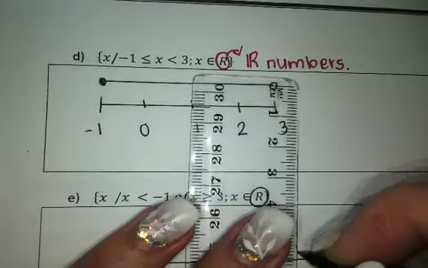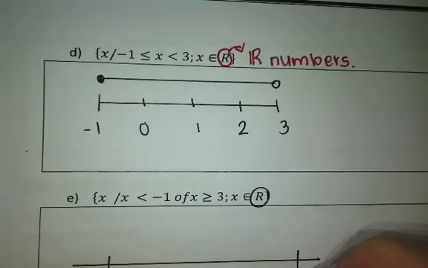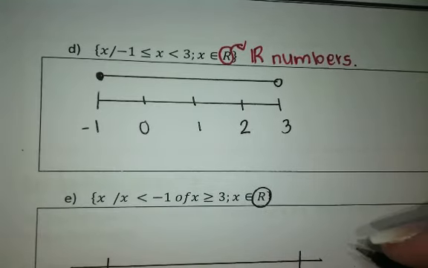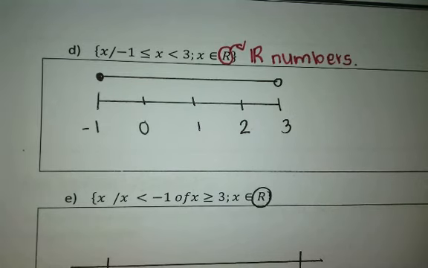Right, so we draw a number line. We've got our first number, -1, and our second number is 3. Grade 10s, please know that you always put your smallest number on the left and your larger number on the right.